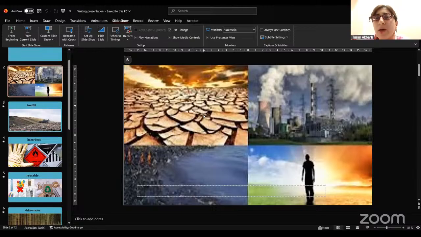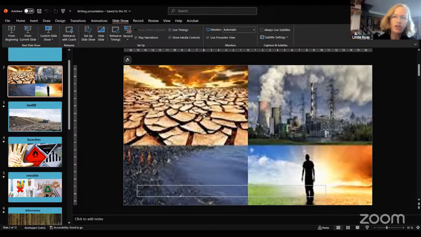Then I ask them, which of these environmental issues are relevant in our country. For example, nowadays contamination or pollution is actual here now in our country. I ask them to name areas, and you could name specific towns, specific areas.